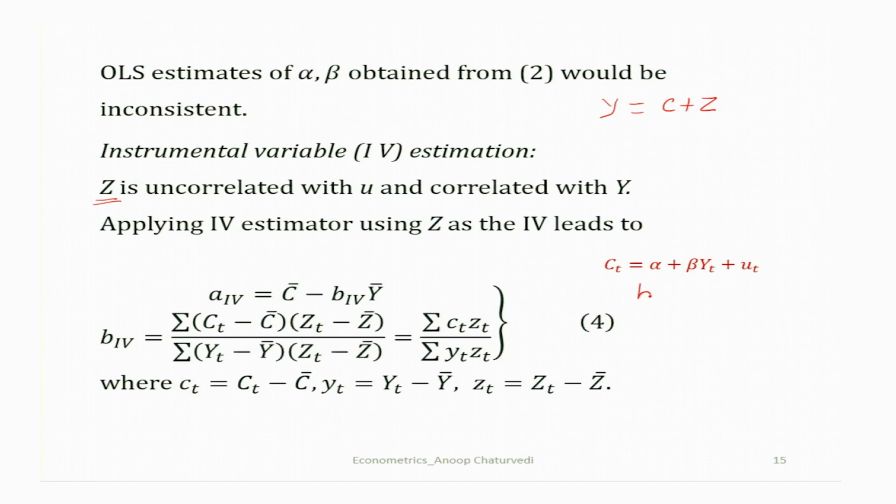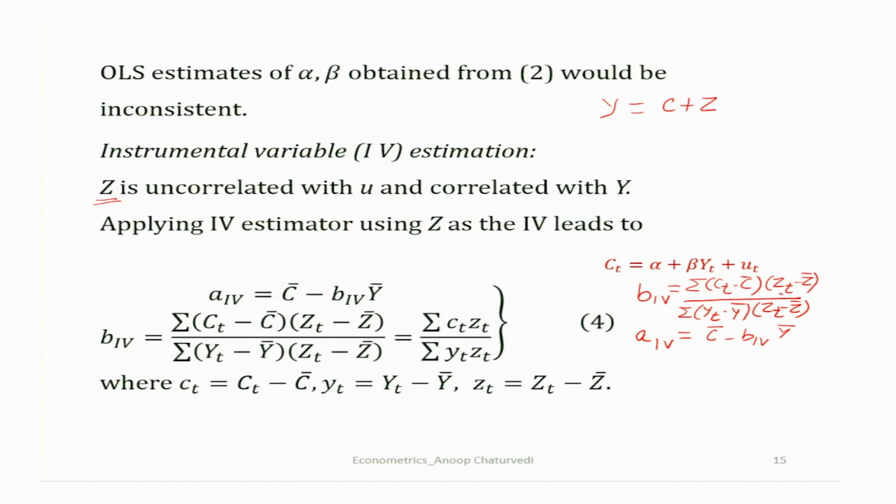So, your instrumental variable estimator for beta is B IV equal to summation C T minus C bar, and you have Z T minus Z bar here, divided by summation Y T minus Y bar into Z T minus Z bar. And then the instrumental variable estimator for alpha is say A IV equal to C bar minus B IV Y bar.